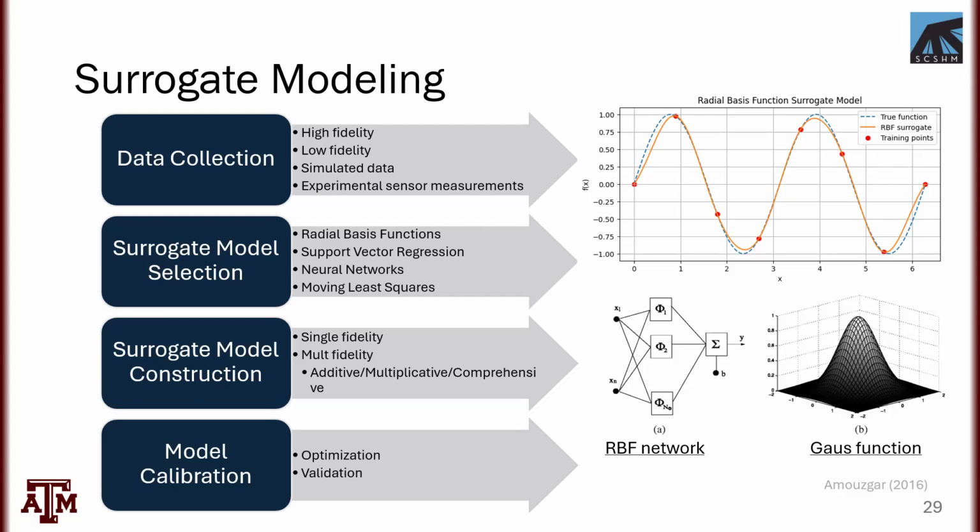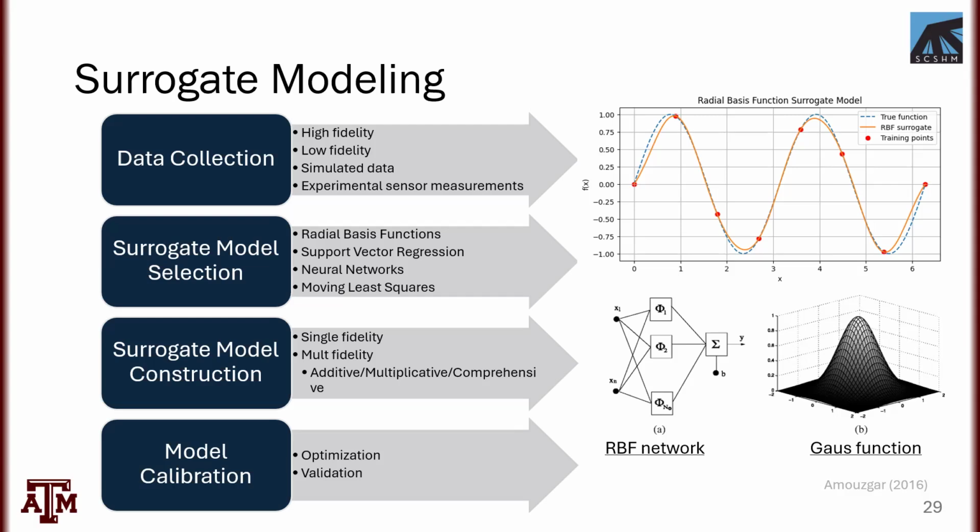These are all possible choices when it comes to surrogate modeling. We can have a single layer of a surrogate model, which we call single fidelity. We can also have multi-fidelity models where you take multiple of these models and concatenate them together for better capabilities. And finally, we have to perform optimization, validation, calibration. That's where the challenge really comes in.